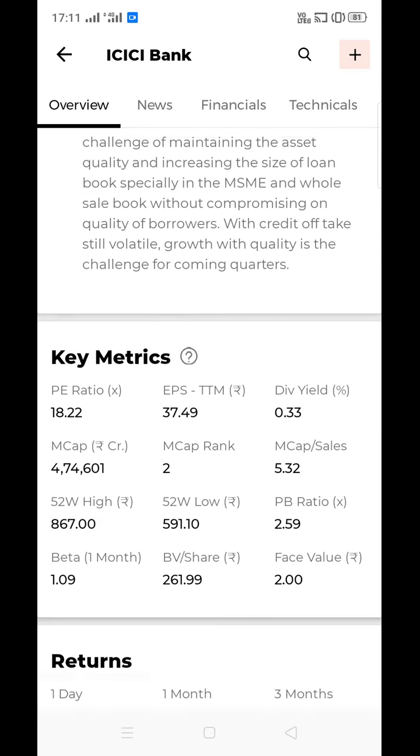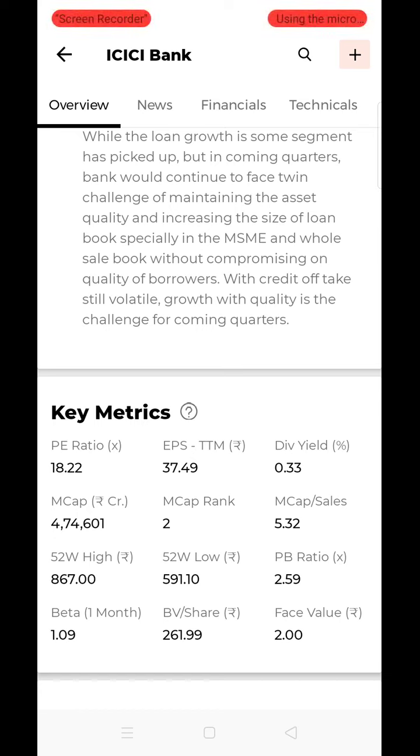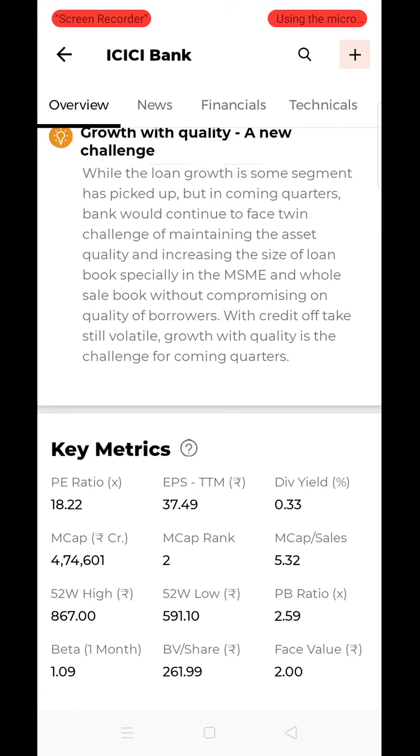ICICI Bank's PE ratio is again close to what HDFC has, it is 18, and SBI is available at 11. So compared to ICICI Bank and HDFC Bank, SBI is available at a cheaper valuation. This is how you come to know the valuation part, what is cheap and what is costly.